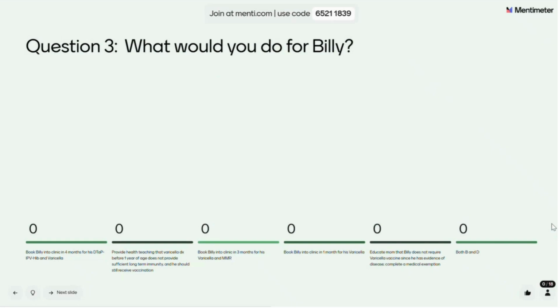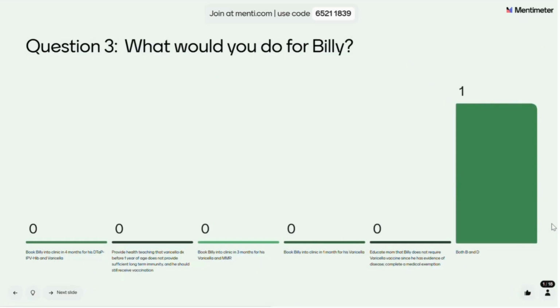So choice A is to book Billy into a clinic in 4 months for his Pediacel or Penticel and varicella. B is give health teaching that varicella before the age of 1 does not give sufficient long-term immunity, so he should still get vaccination. C is to book Billy into clinic in 3 months for his varicella and MMR. D is to book Billy into clinic in 1 month for varicella.